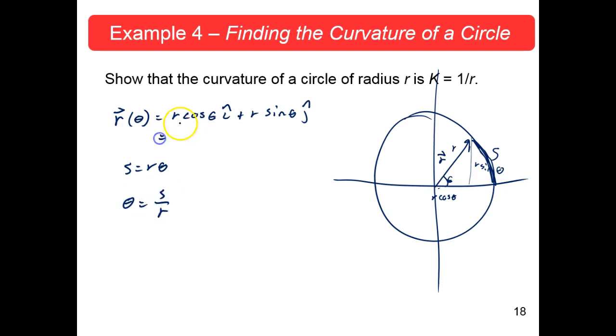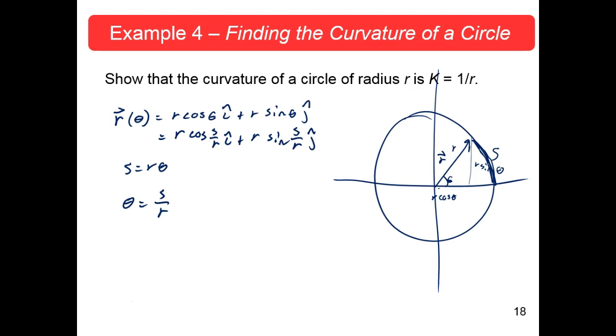So plug this in here, and you have r times the cosine of S over r i plus r times the sine of S over r j. Now that seems like we're running around in circles again, literally.